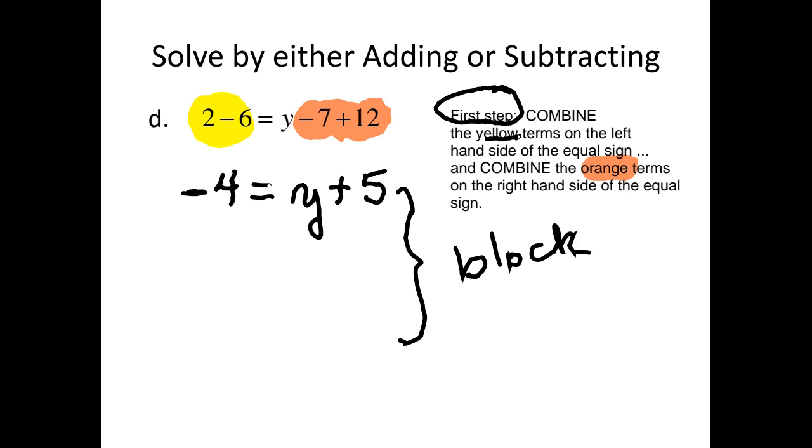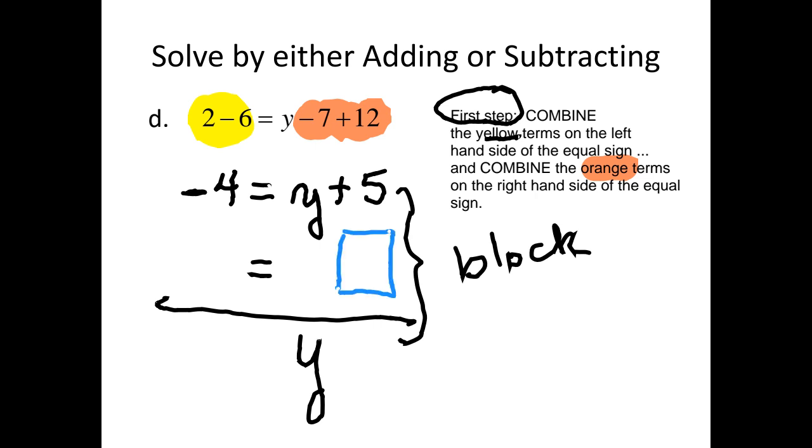Here's my equal sign. The letter Y is coming straight down, but underneath the 5 and the -4, I have got to put -5 here, -5 here. Why -5? Because the letter had a positive 5.